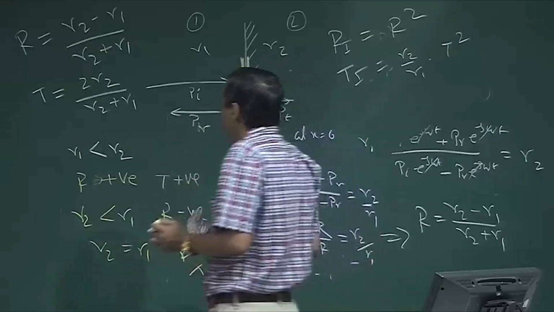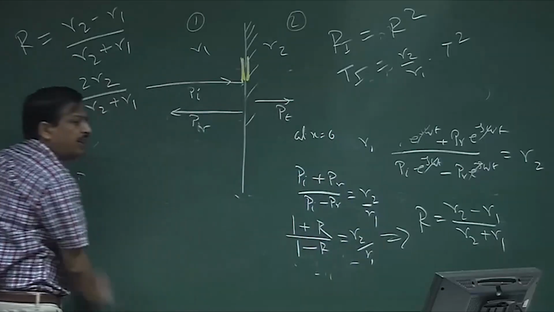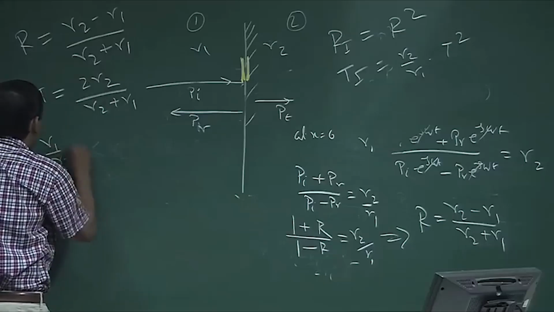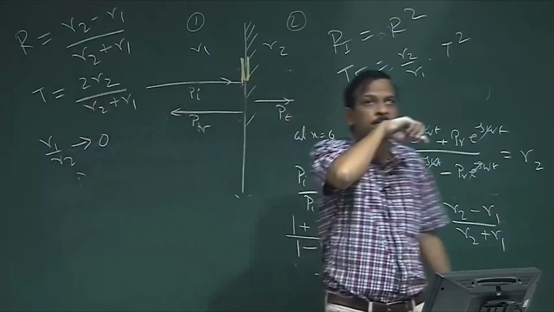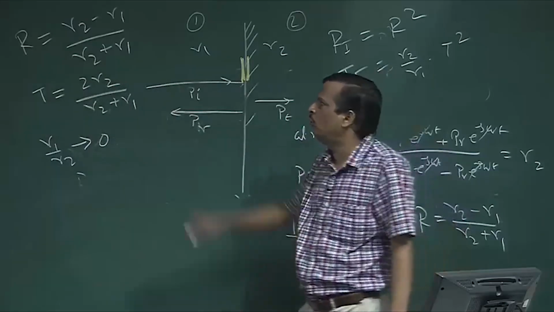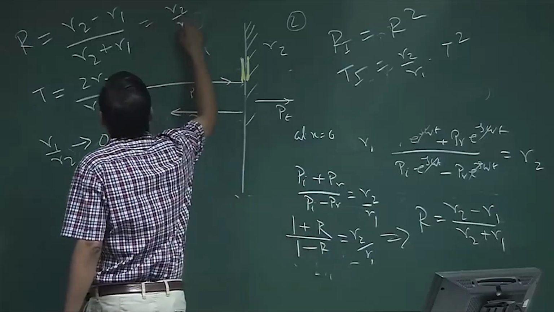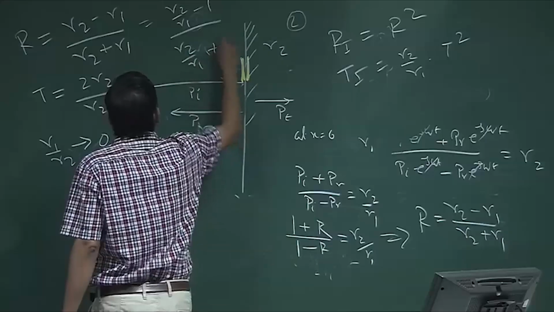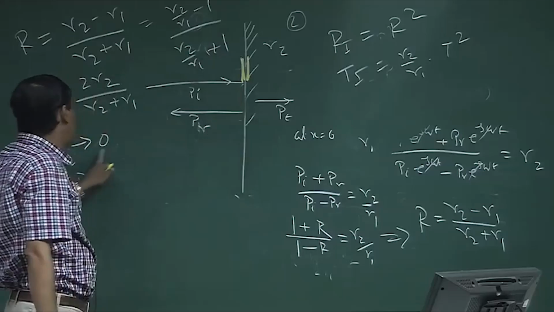Now what are the implications of this phenomenon? Mathematically, if I consider that R1 by R2 tends to 0, what will happen? I can write this as R2 by R1 minus 1 divided by R2 by R1 plus 1. R1 by R2 tends to 0.